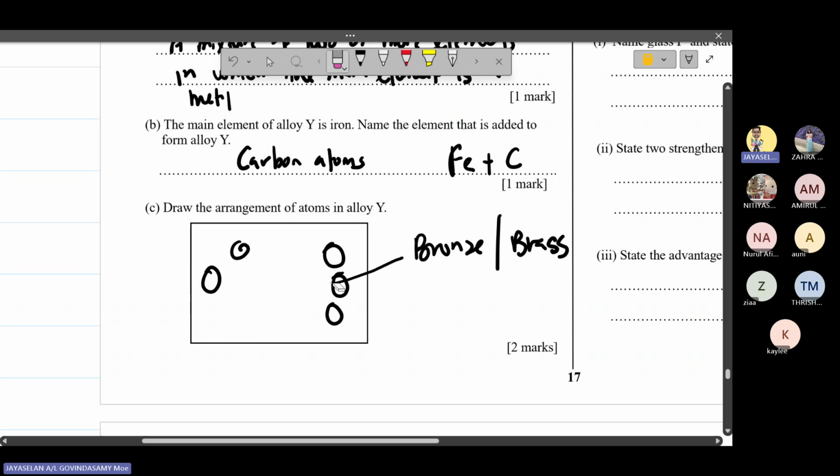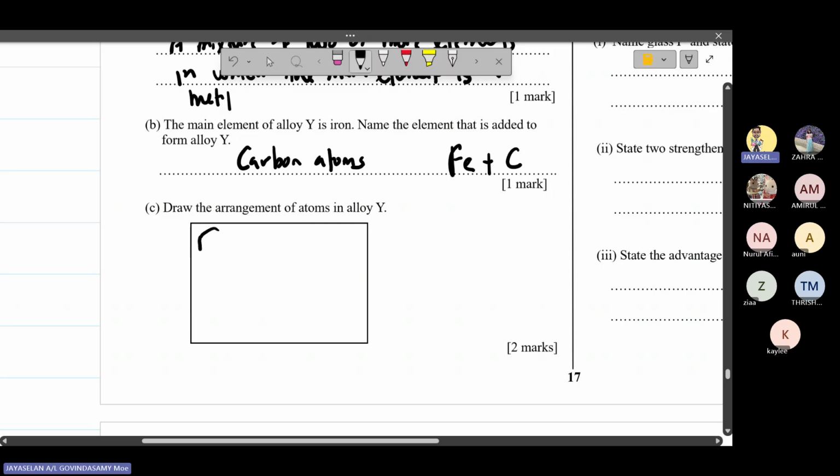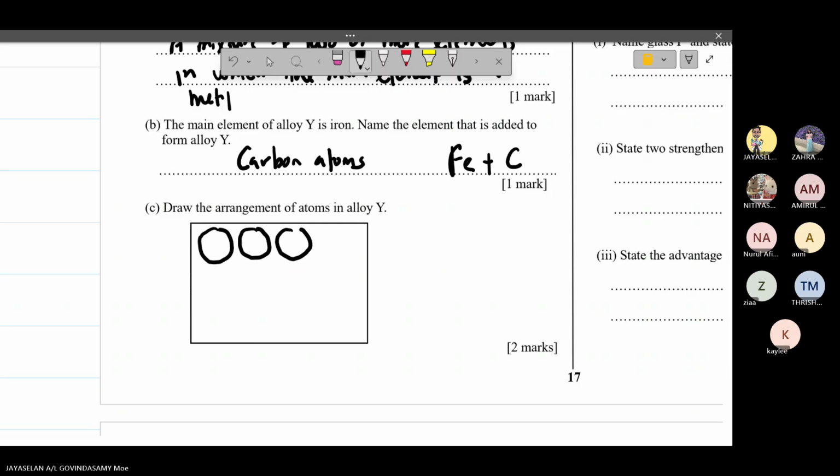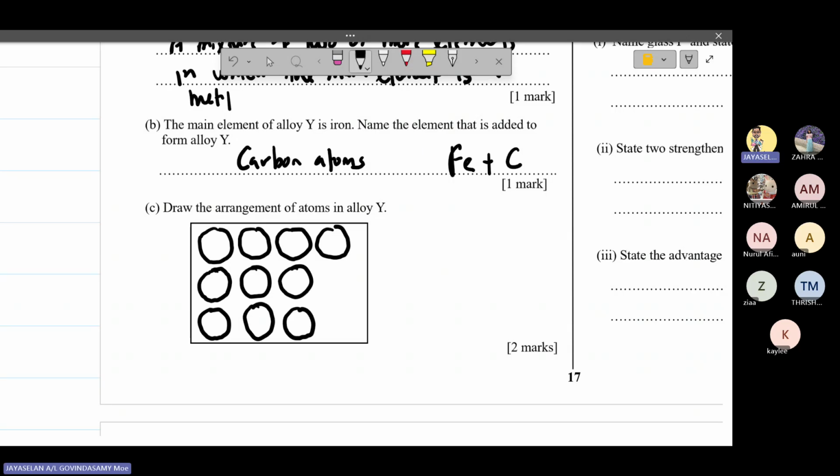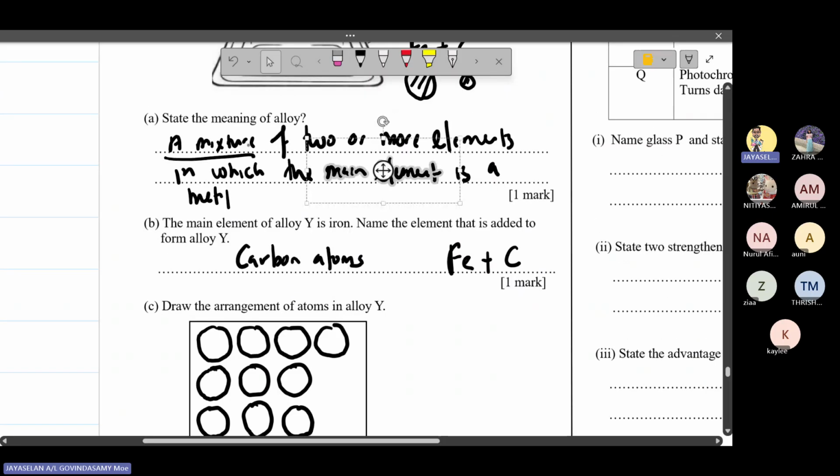For this, how to draw? Okay, I do. Okay, y'all draw iron atom like this. Jangan sentuh. 1, 2, 3, 4. Bawah 1, 2, 3. Jangan sentuh semua size yang sama. Hey, they already know, they already put what? In the question, they already put mixture.